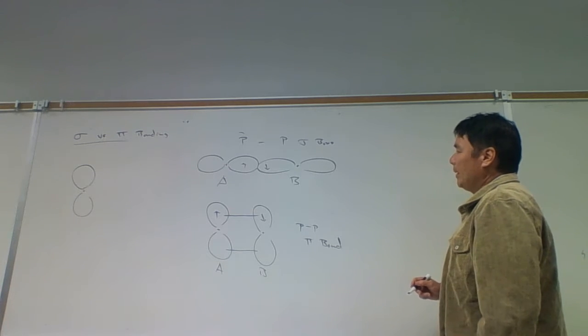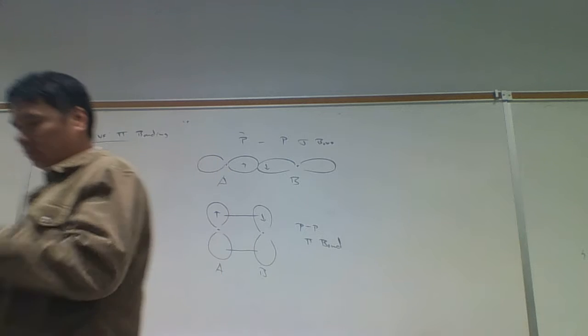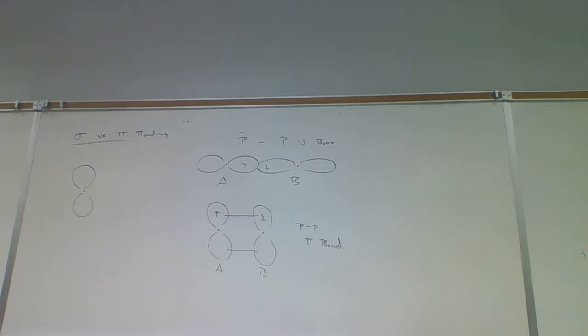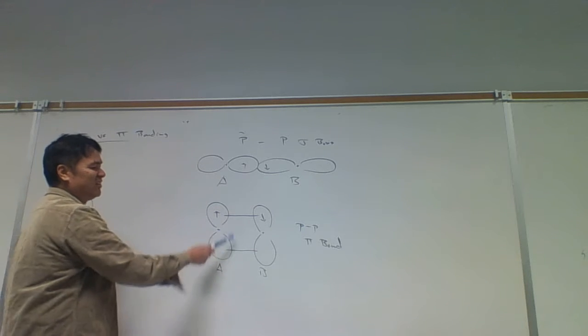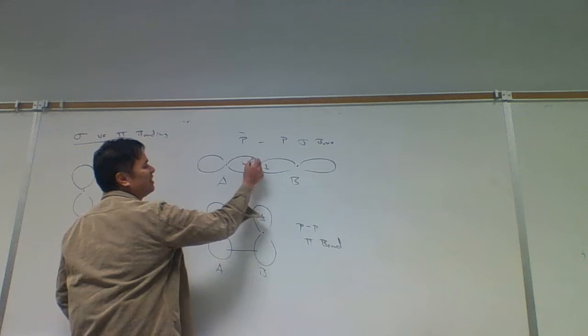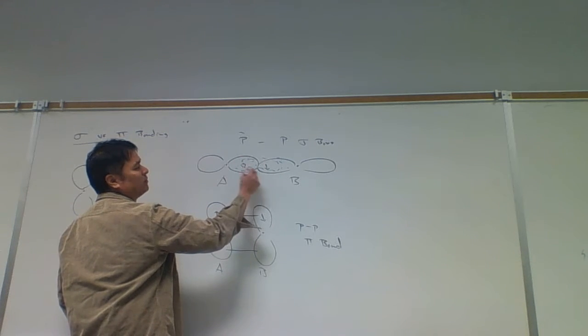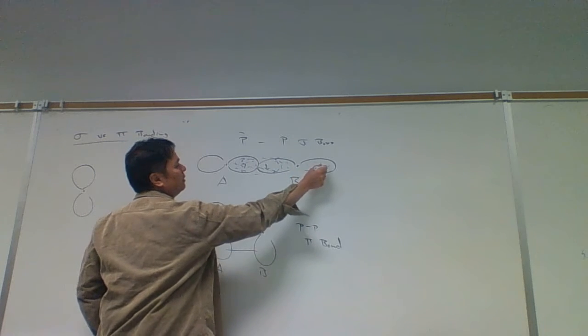So, which one do you think is stronger, a sigma bond or a pi bond? It looks as if a pi bond is stronger because we have overlap in two regions, but when we look at the electron density and what holds the bond together, electron clouds can be more concentrated here because we have overlapping probabilities.